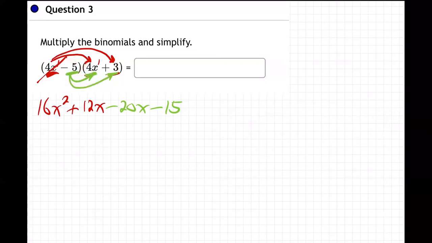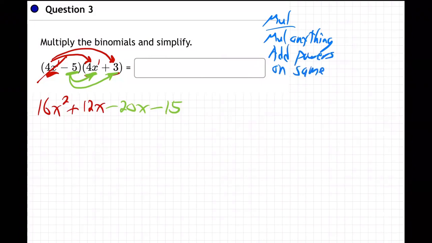Okay, now, so let me remind you of the rules. When you multiply, you can multiply anything, and you just make sure you add powers on the same letters. But when it comes to adding and subtracting, that's a different story.